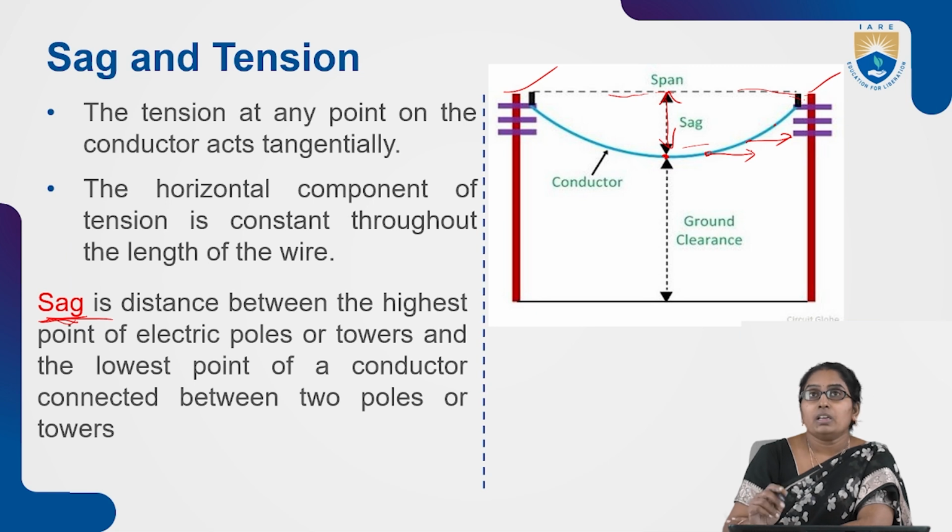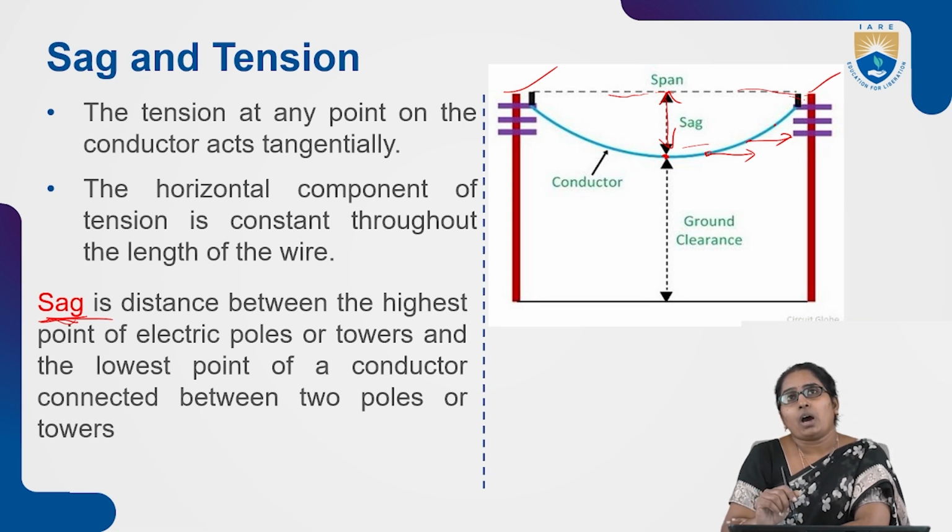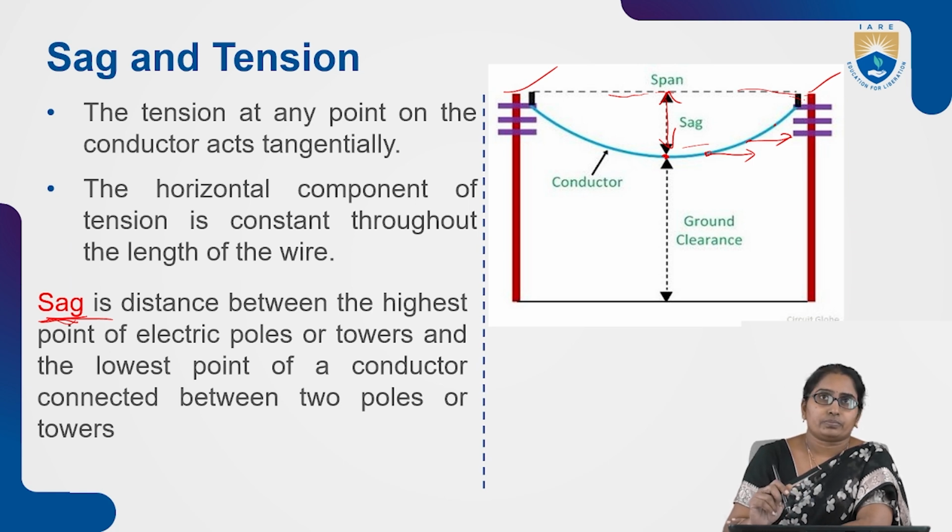The next point is that the horizontal component of tension is constant throughout the length of the wire.